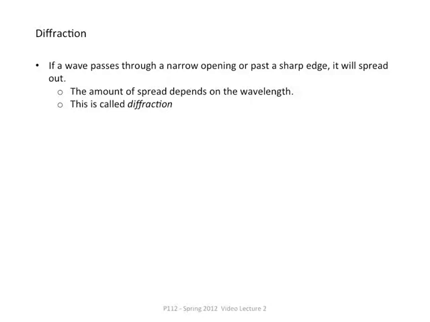In fact, if you send a row of straight waves towards a small opening, an opening that's much smaller than the wavelength, then on the other side of the opening the waves will be circular in shape. So the amount of the spread depends on the wavelength primarily, and this is the concept that we call diffraction.